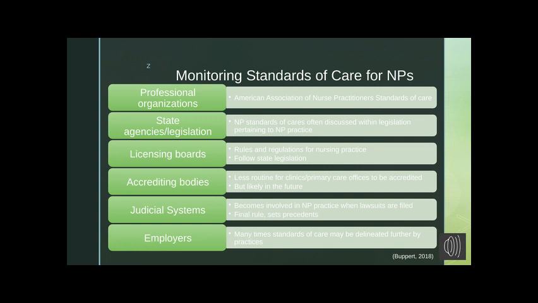The American Association of Nurse Practitioners has developed standards of practice for nurse practitioners, which will be discussed more on the next slide. State agencies and state legislation have developed nurse practitioner standards of care that's discussed within the legislation pertaining to nurse practitioner practice.